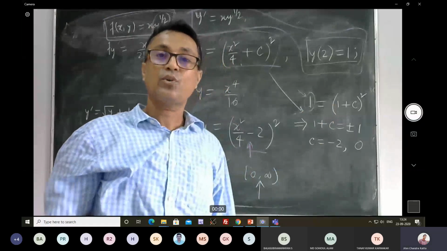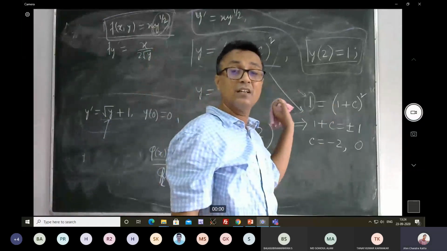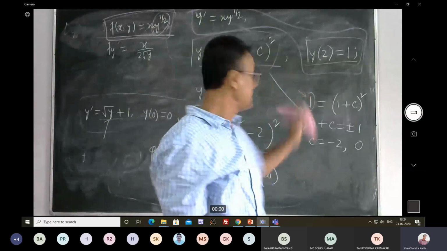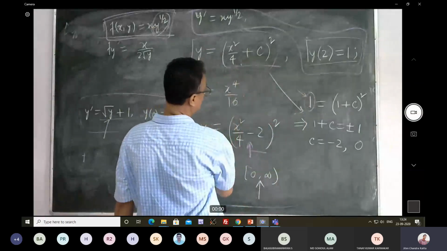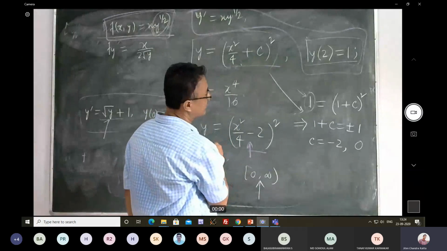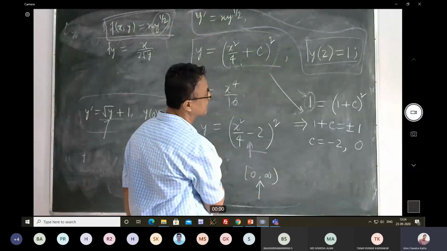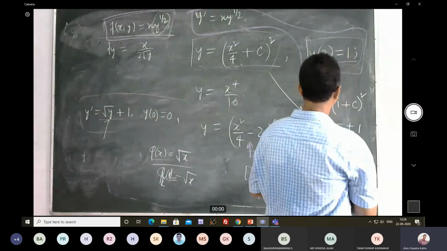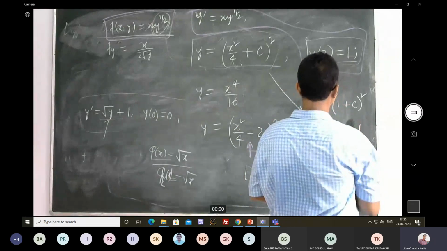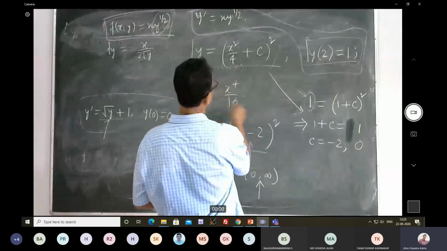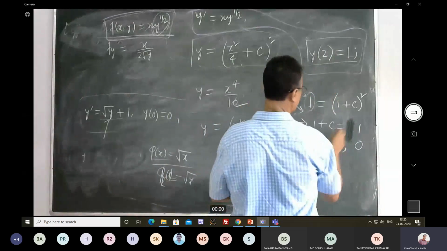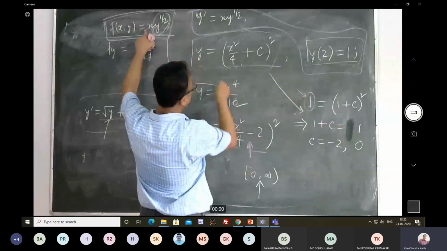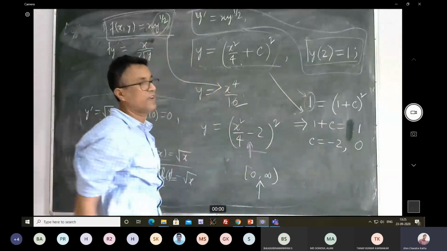So you cannot say that it violates the conditions of Picard's theorem. They are two different solutions. If this is one, I get this solution. If this is -2, I get this solution.